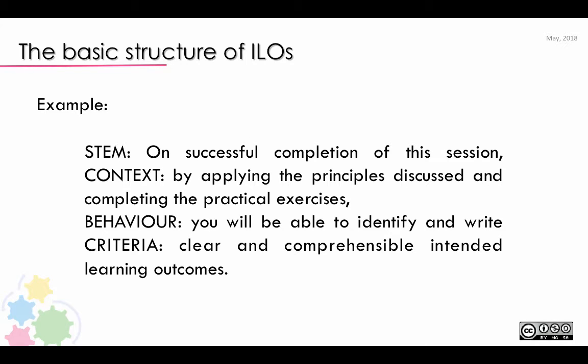So for the intended learning outcome for this tutorial, the stem was the section that said on successful completion of this session. The context is applying the principles discussed and completing the practical exercises. The behaviour will be you being able to identify and write intended learning outcomes, and the criteria is that these will be clear and comprehensible.